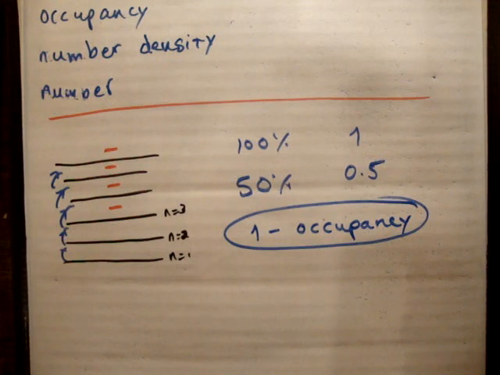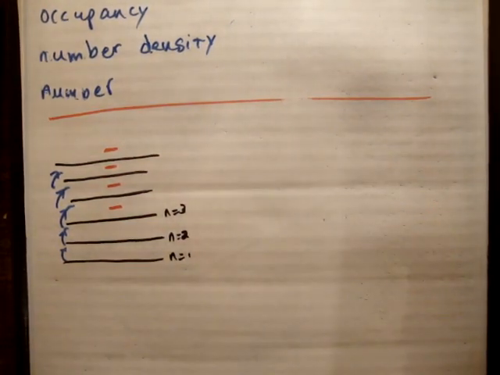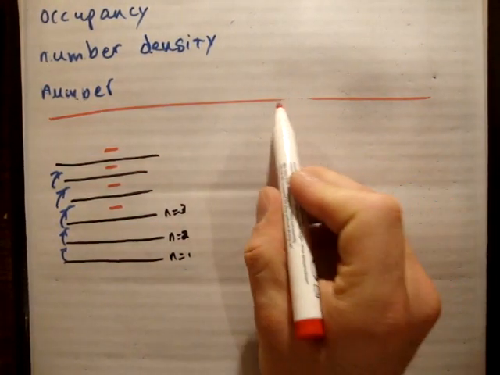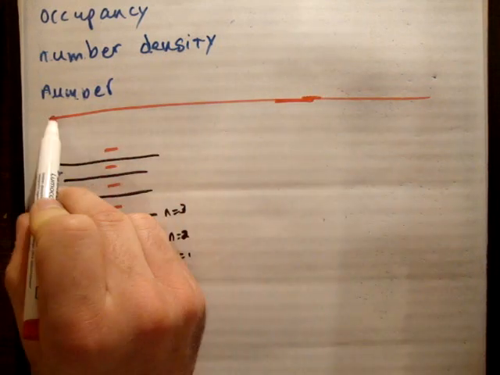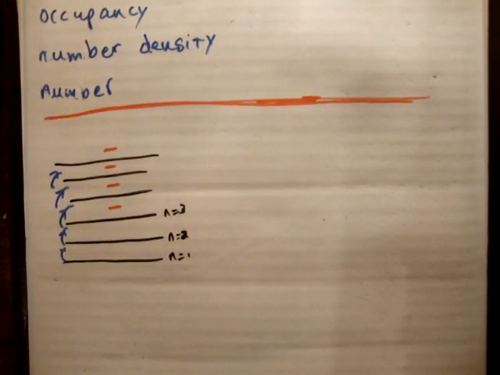Now, in terms of quantum particles, there are, let me think, no, there are 2 types of occupancy. You can talk about the occupancy of fermions, and you can talk about the occupancy of bosons. I'm not going to go into the details. You could look at my video on the standard model, or wave-particle duality, and that might help.